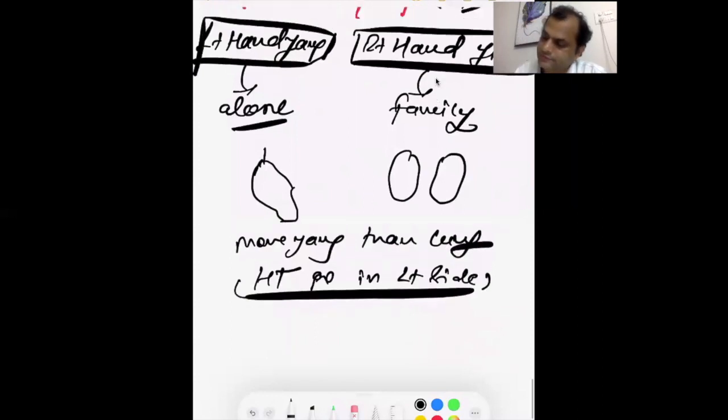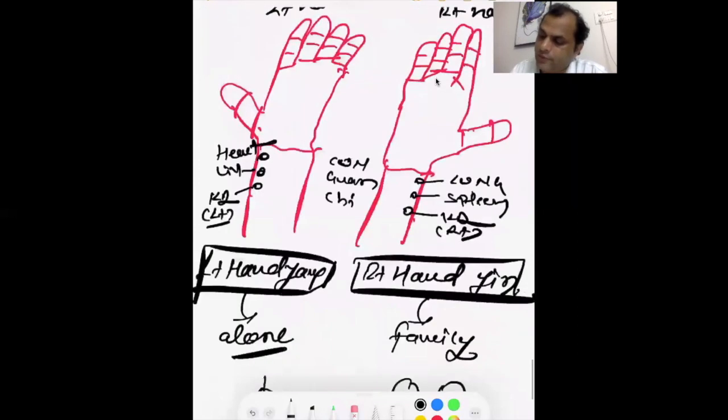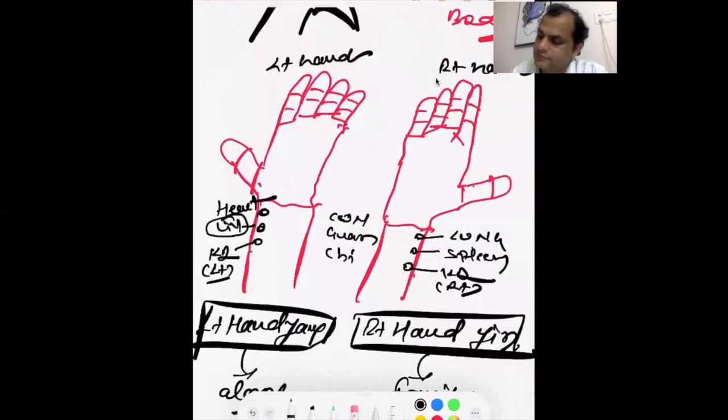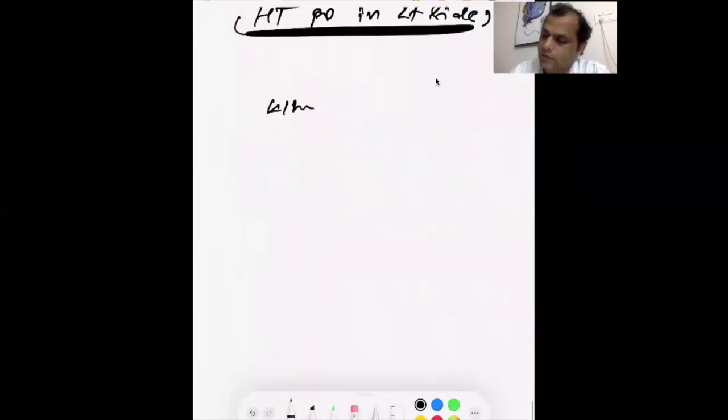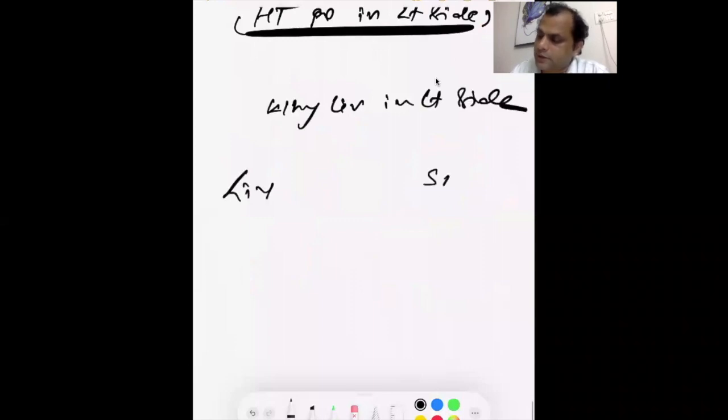Now second, when we compare the liver and spleen, the question is this: why liver in the left side? So when we talk about the liver and spleen, liver is aggressive.